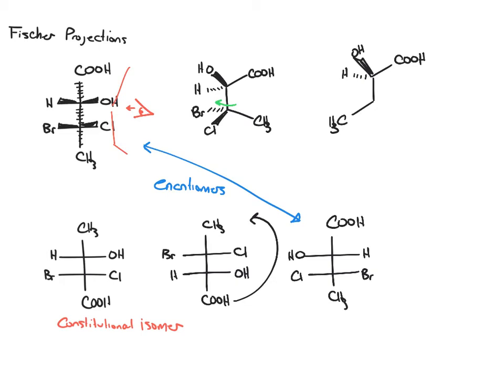Okay, by doing that 180-degree flip, that changes the directionality of these groups. So that brings the bromine to the front and the chlorine to the back.